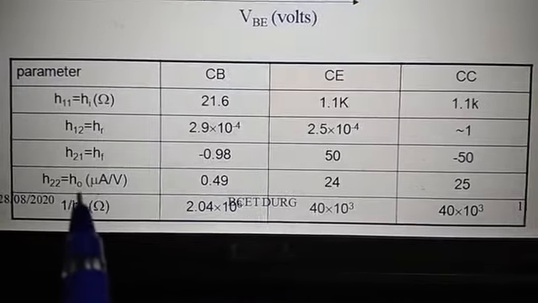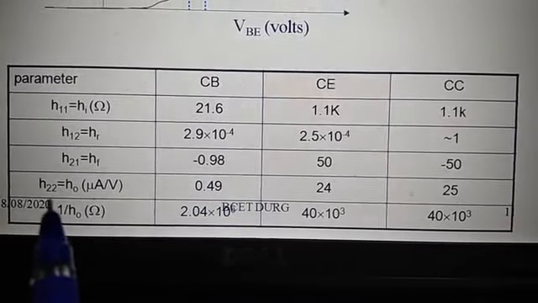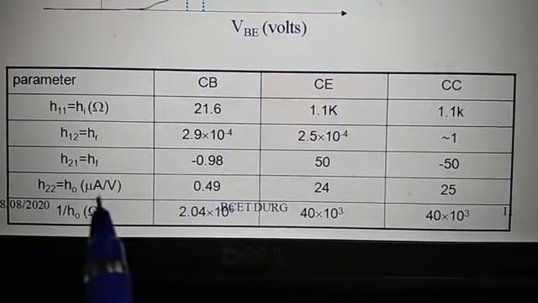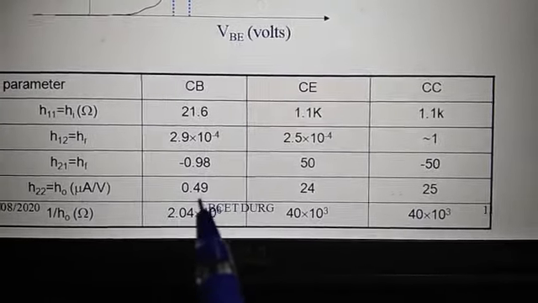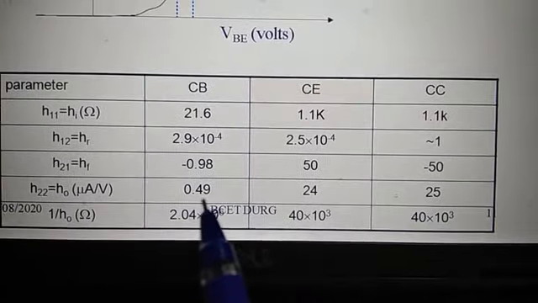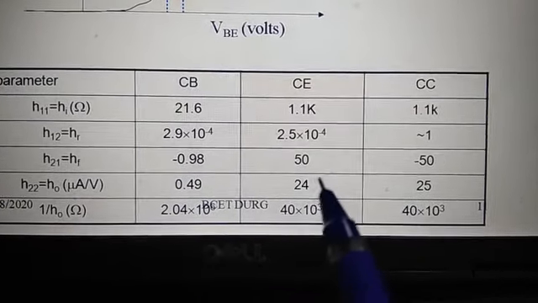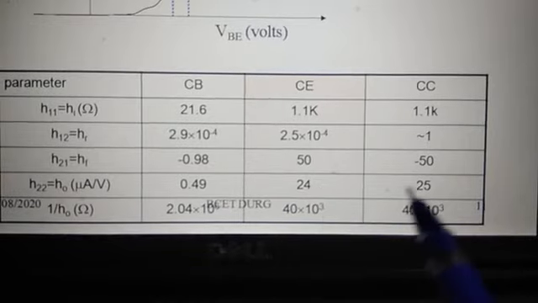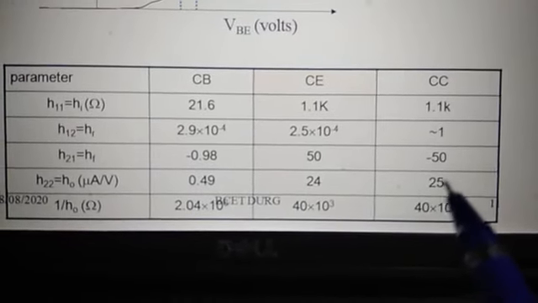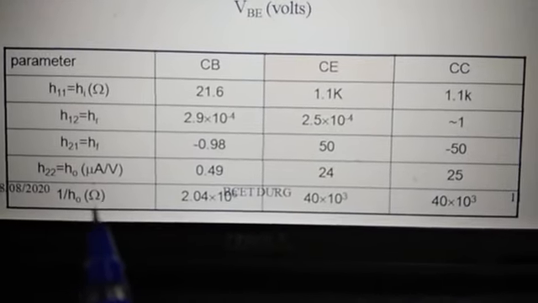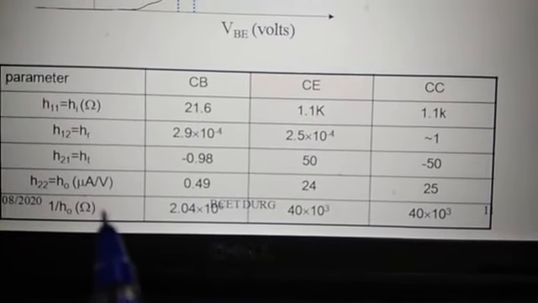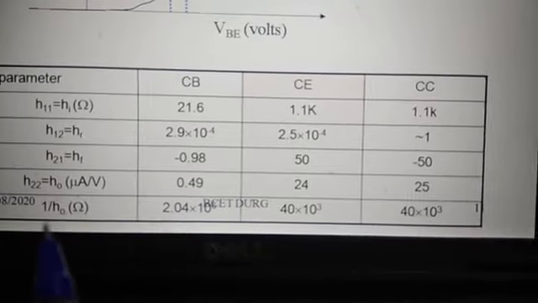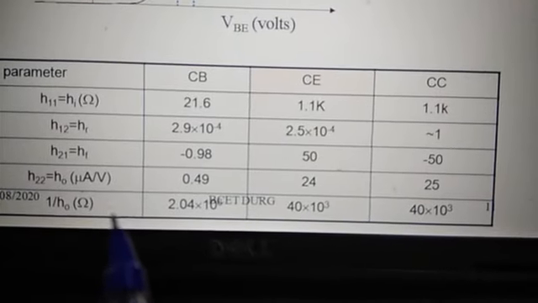Then the output conductance, that is HO or H22, its unit is microampere per volt. In common base HOB is 0.49, in common emitter HOE is 24, and in common collector HOC is 25. And 1 upon HO, that is resistance, since 1 upon conductance is nothing but resistance.